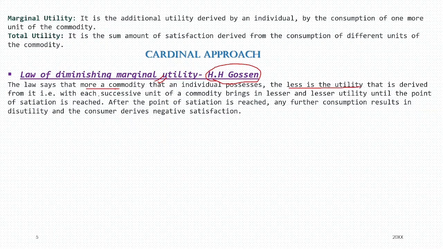That is, with each successive unit of a commodity, lesser and lesser utility is derived from it till the point of satiation is reached. After the point of satiation is reached, any further consumption refers to disutility and the consumer derives a negative satisfaction. This is what the law of diminishing marginal utility is.